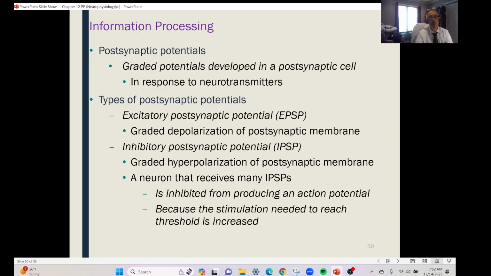We're going more towards minus 90. We're becoming more negative. As a result, a neuron that receives many IPSPs is going to be inhibited and it's not going to develop an action potential. And the reason is it's further away from threshold.